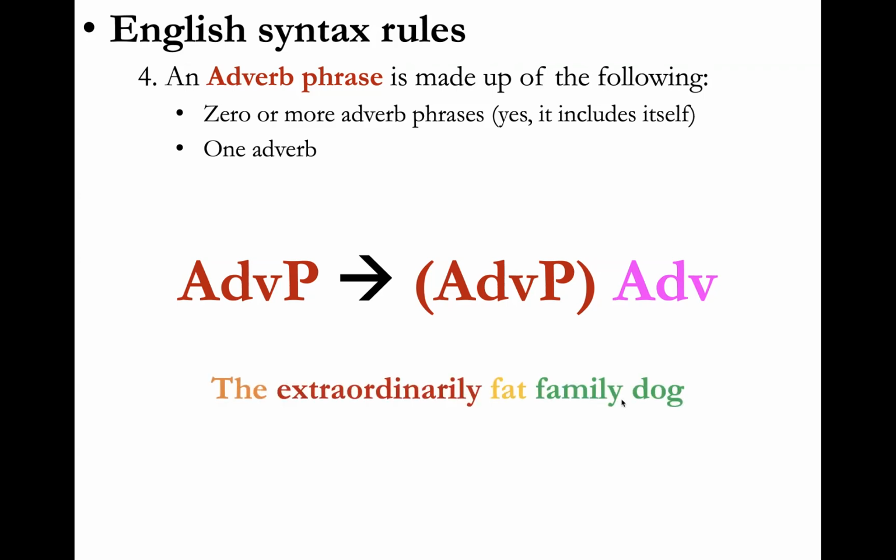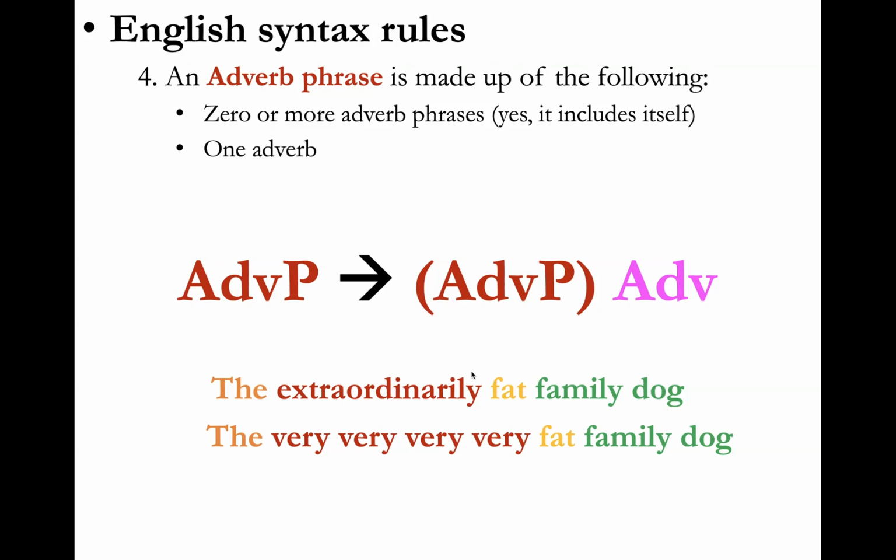So the extraordinarily fat family dog is an example. The determiner, extraordinarily, is our adverb phrase, fat family dog. Because it's an adverb phrase, you can see the color coding here. I could have made this pink and it would have been the same. Extraordinarily fat family dog, because there's at least one adverb, it's valid. But look at this one. The very fat family dog.